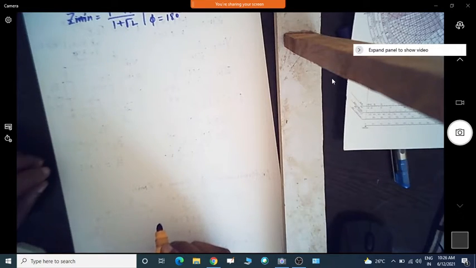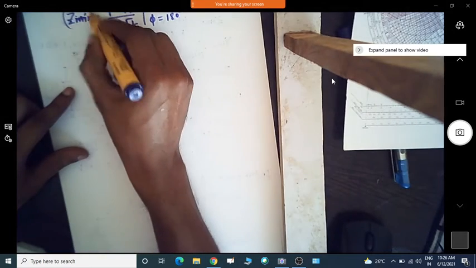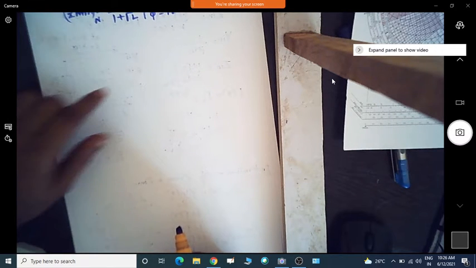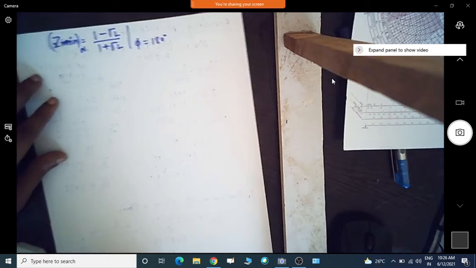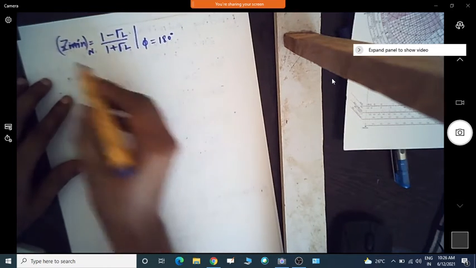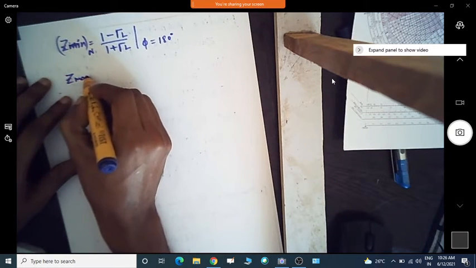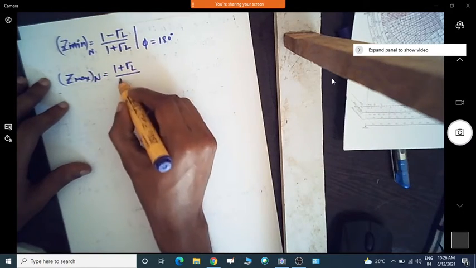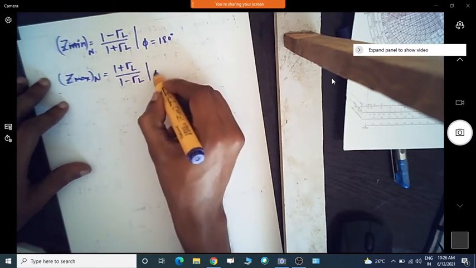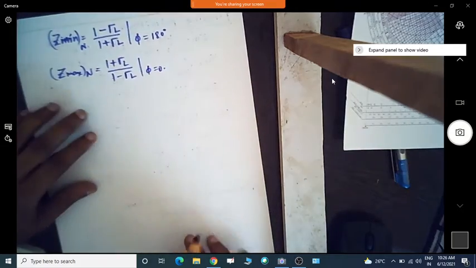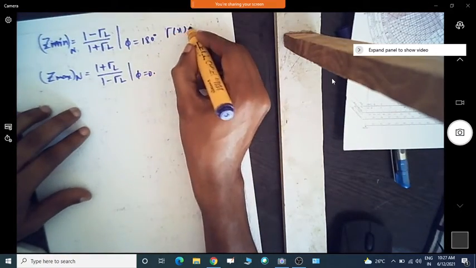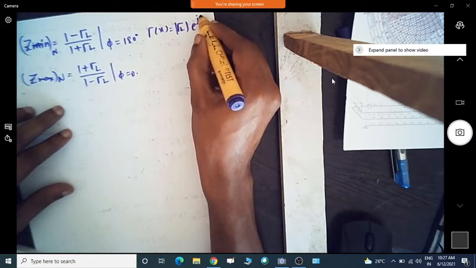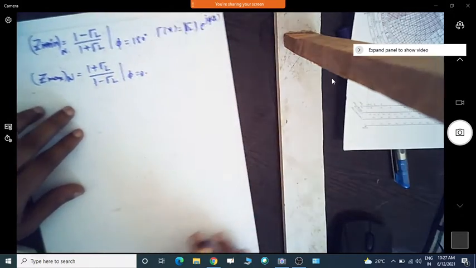Now in the impedance Smith chart, we can take the normalized value. This is the minimum value and this is the maximum value. We can write the normalized maximum value as (1 plus gamma L) divided by (1 minus gamma L), where we have phi equal to 0, and gamma x equal to gamma L into e power j phi of x.